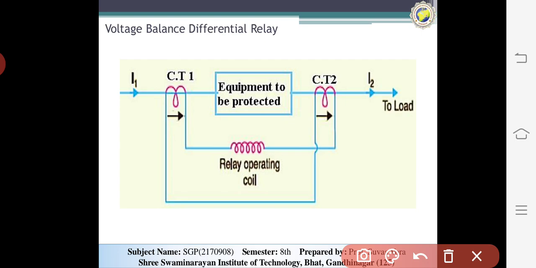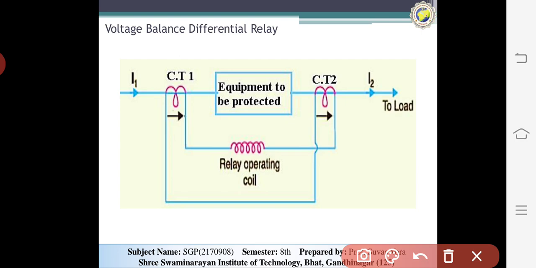Bus zone protection is applicable, and this system is also applicable for protection of large motors and transmission lines, by phase comparison carrier current protection, and for protection against internal turn faults.